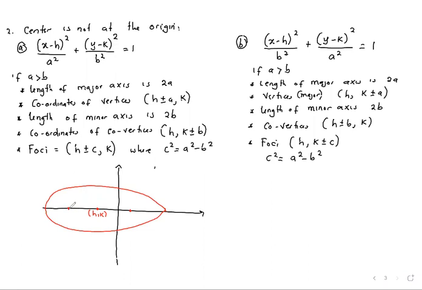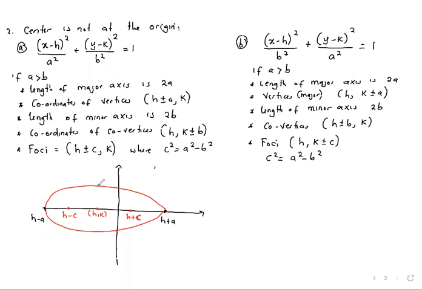In this case, so say h plus c, and then h minus c, and then the end points, which we call the vertices. Now here we have h plus a, and here we have h minus a.